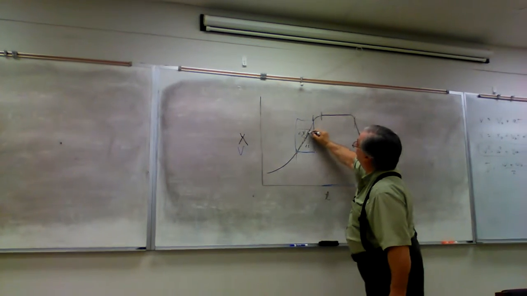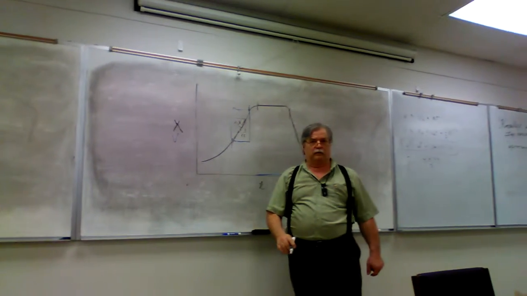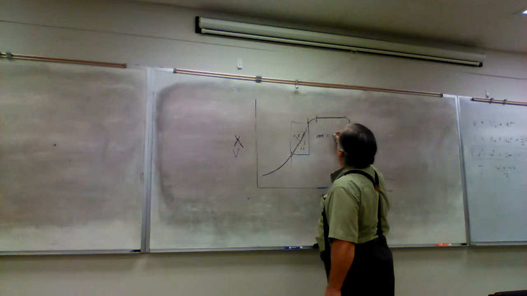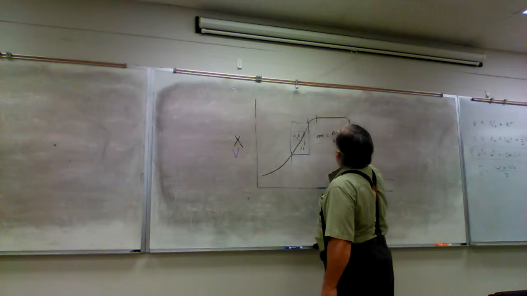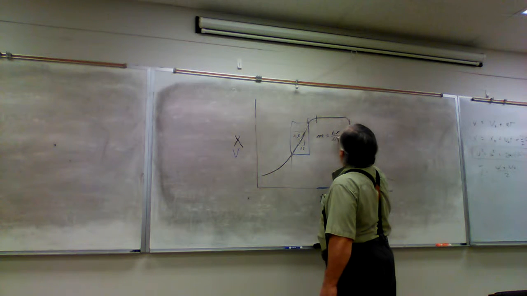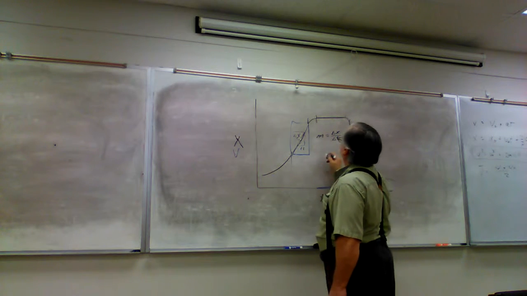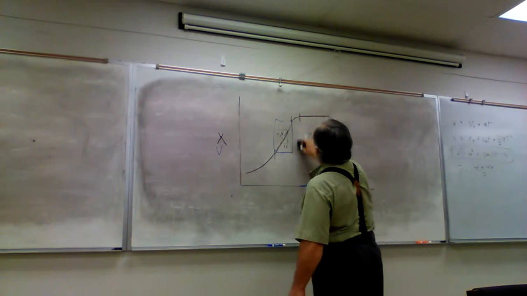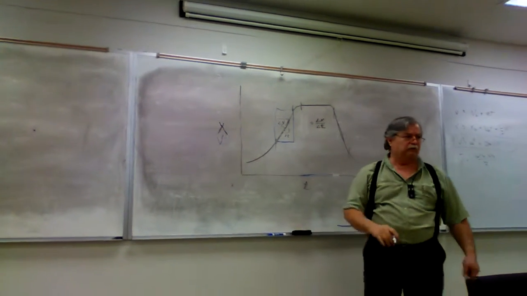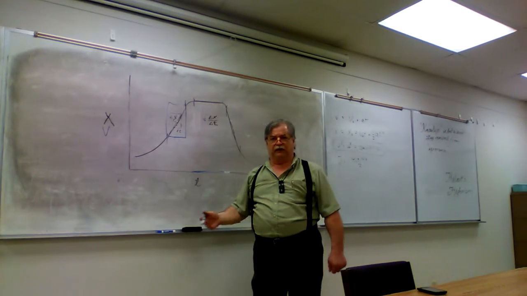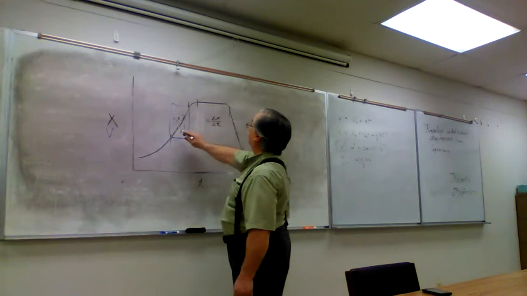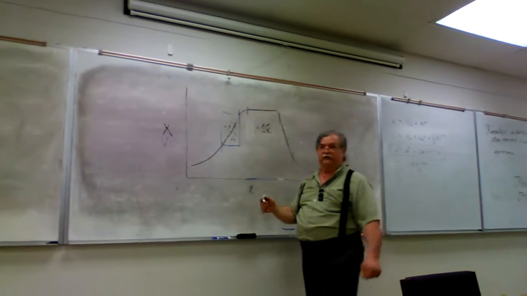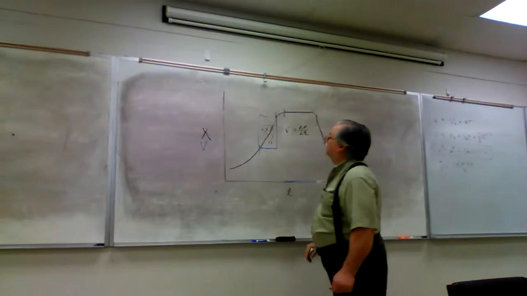So the slope of this line is equal to delta x divided by delta t. I used m, but I don't want to use m because that's the m from the equation of a line, mx plus b. The slope of that line is actually delta x divided by delta t, which is velocity.